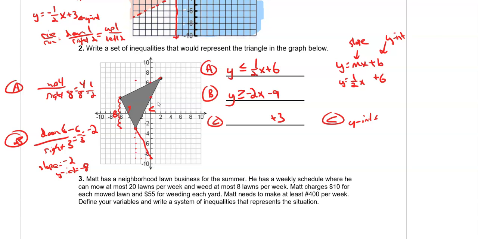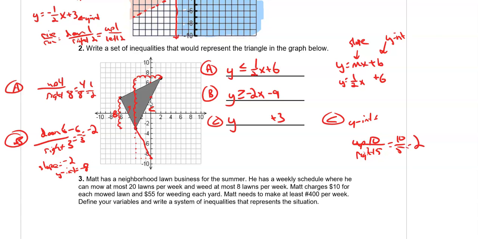It looks like it's going up 1, 2, 3, 4, 5, 6, 7, 8, 9, 10. So up 10, and then over to the right 1, 2, 3, 4, 5. So it's 10 over 5, which is 2.